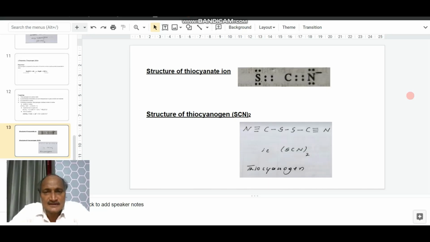Coming to the structure of both the ion as well as the pseudohalogen, that is thiocyanate ion as well as thiocyanogen.